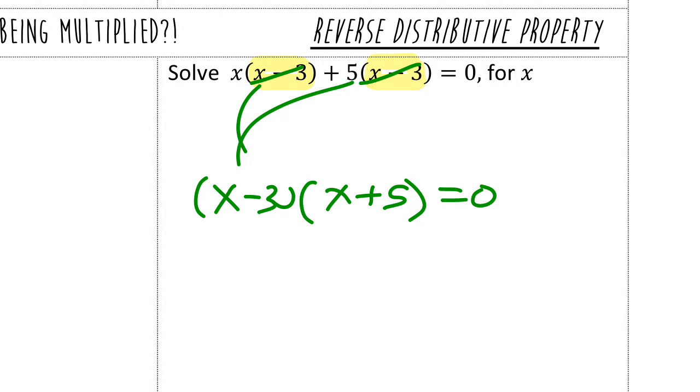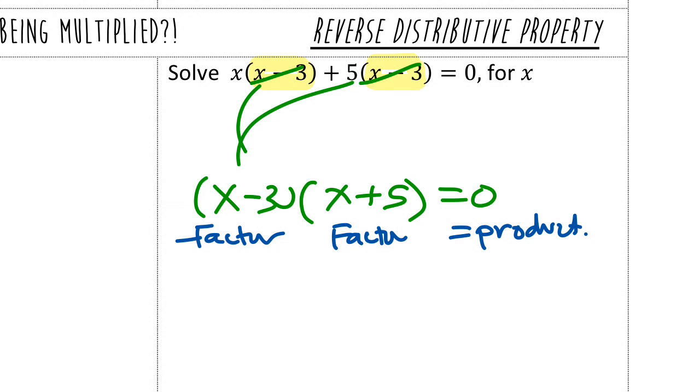Okay, once we do that, we can see now that what we have here is factor, factor, and their product is 0. So if you have 2 factors and their product is equal to 0, then you use the 0 product property.